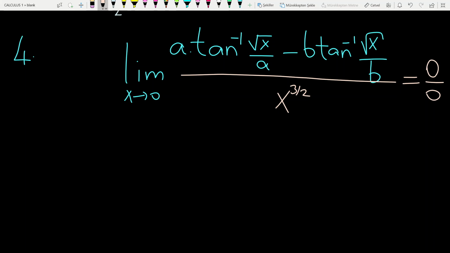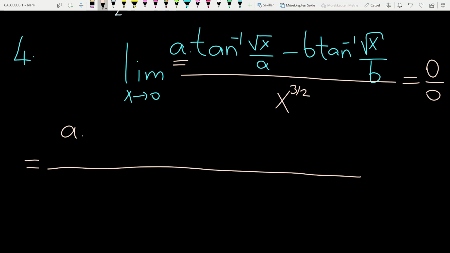So we have an indeterminate form actually. When we apply L'Hopital's rule, we have a big expression, a times. a is a number, so it's not a variable or function.